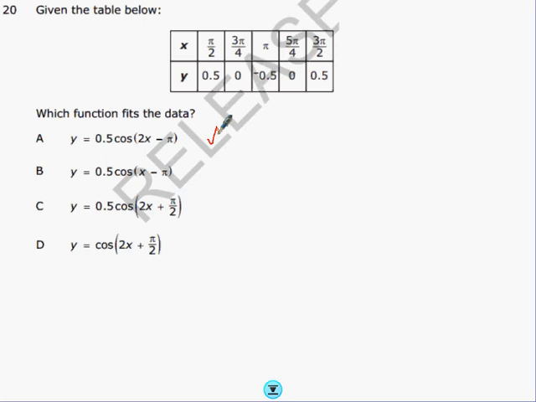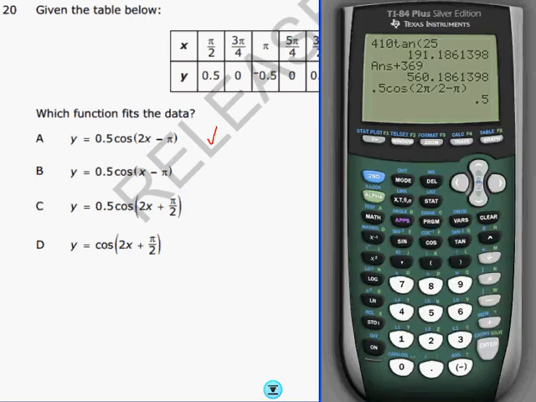Let's see if it works for the next one. It's going to be exactly the same. Or we'll go to 3 pi over 4. I'm trying to be lazy about this. Instead of 2 times pi over 2, I'm going to do 2 times 3 pi over 4 minus pi.